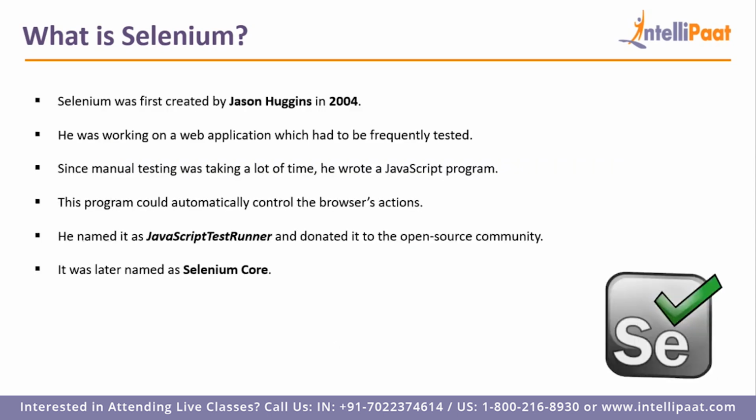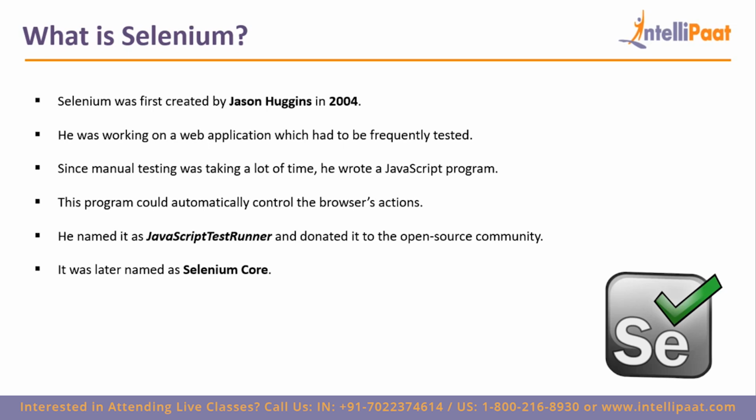All right, now let's go ahead and talk a little more about Selenium as to when it came into place. So basically Selenium was created by a person called Jason Huggins in the year 2004, right? And he had the same problem: he was working on a web application and he had to test it pretty frequently. Since he was doing manual testing, it was taking a lot of time.